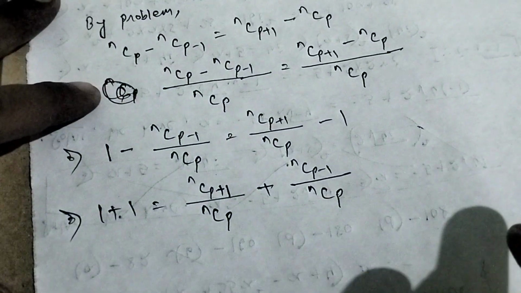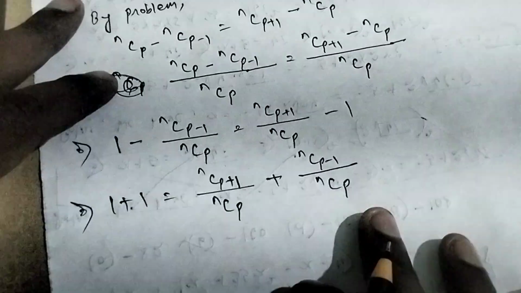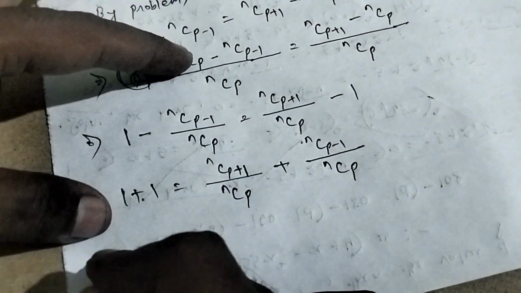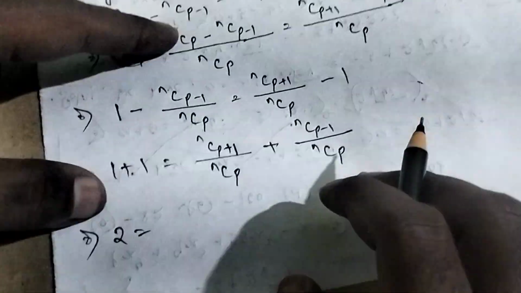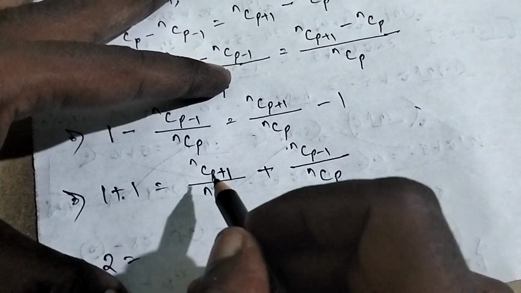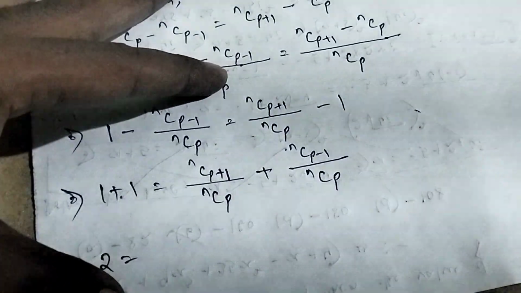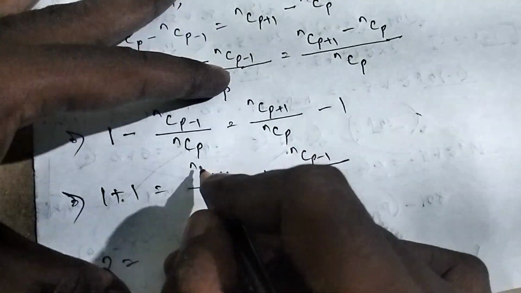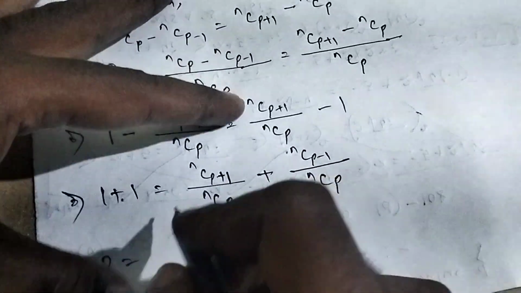Clear? So this would be 2. Now what would this be? What is the meaning of nCp?